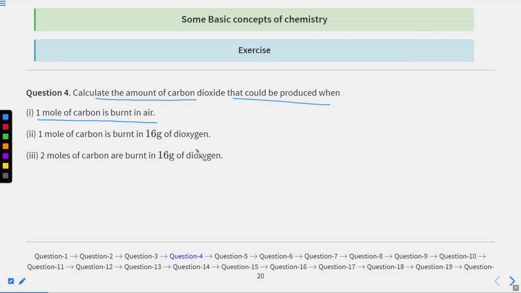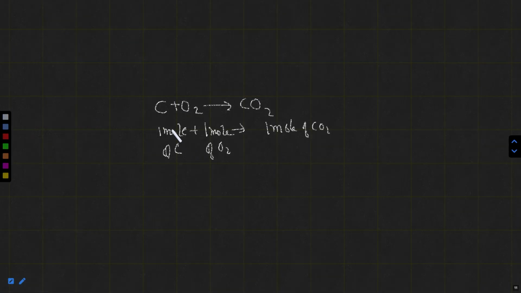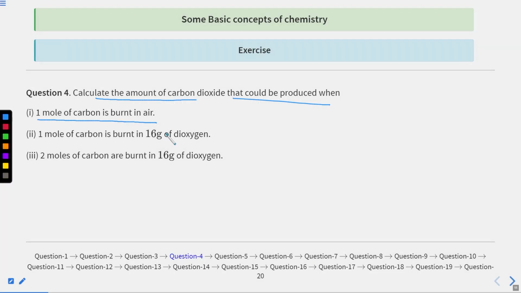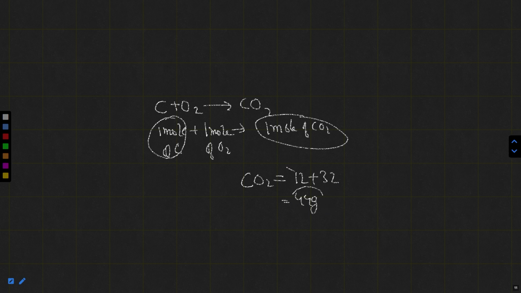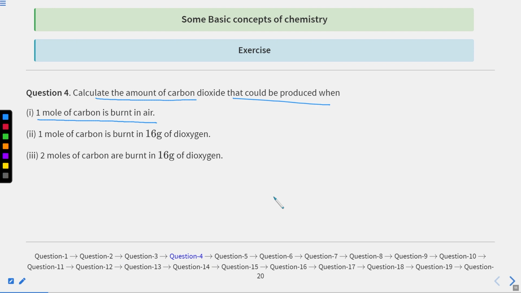So what is being asked? What is the amount of carbon dioxide that can be produced? Since 1 mole of carbon dioxide is produced, and we have calculated earlier the mass of 1 mole of carbon dioxide, it will be 12 plus 32, that would give us 44. So 44 gram of carbon dioxide will be produced.